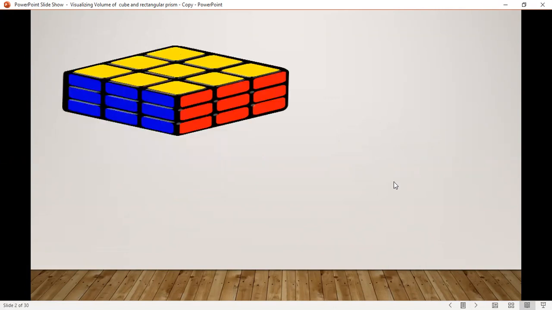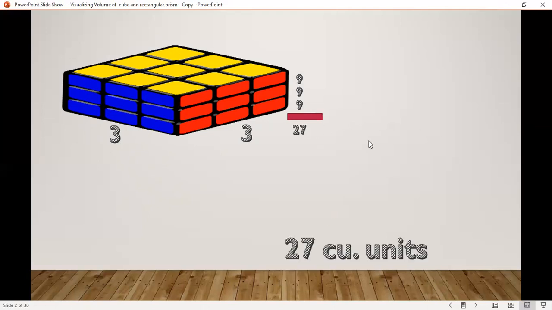This is a rectangular prism. The length is 3 units, width 3, and the height is 3. So 3 times 3, 9. Each layer has 9 unit cubes. 9, 18, 27 equals 27 cubic units.